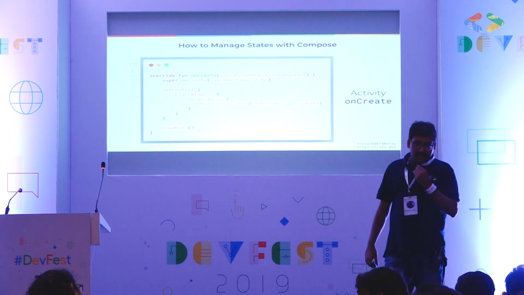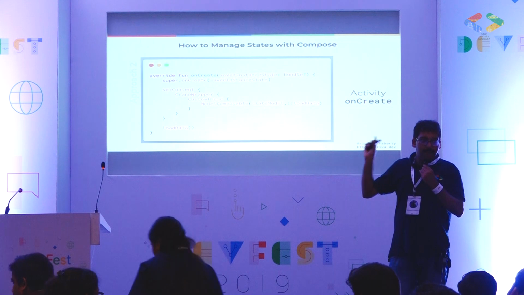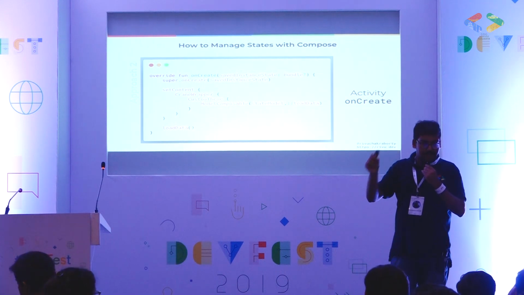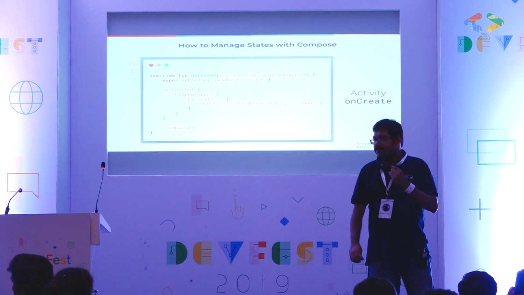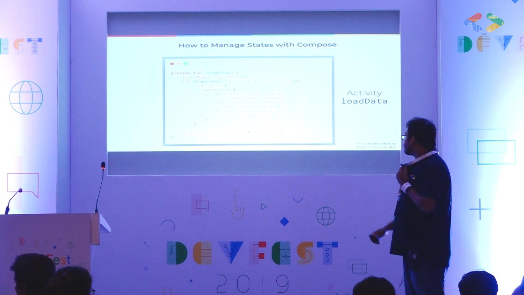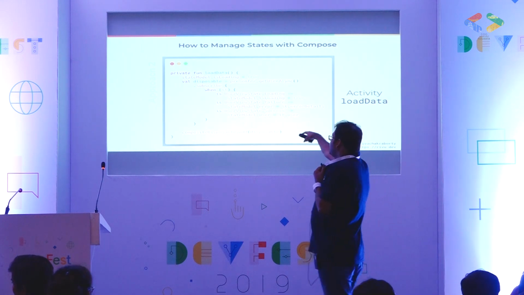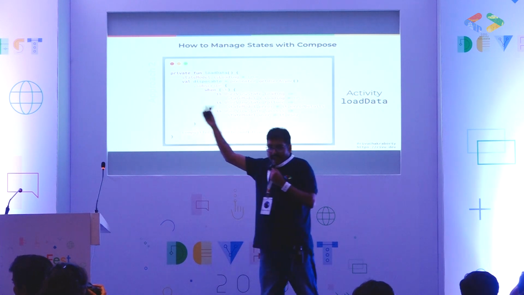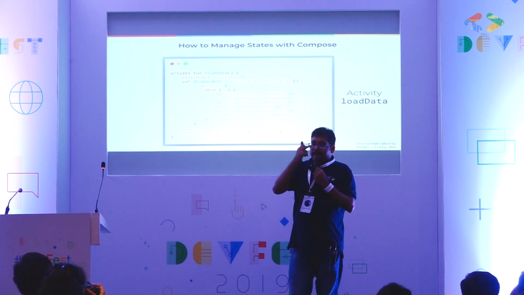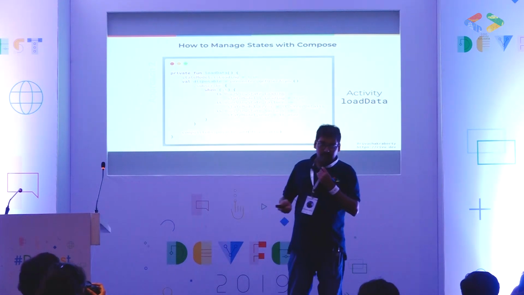A higher order function expects another function as a parameter. And by putting a double colon, you can pass a simple local function as that parameter or lambda. This is the loadData function. It just subscribes to the state change and makes those changes to the state model variable.